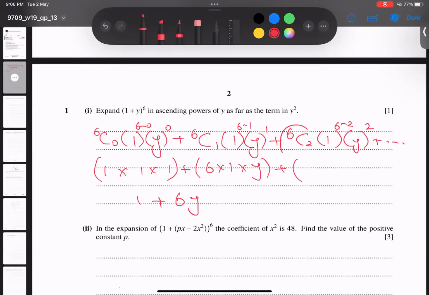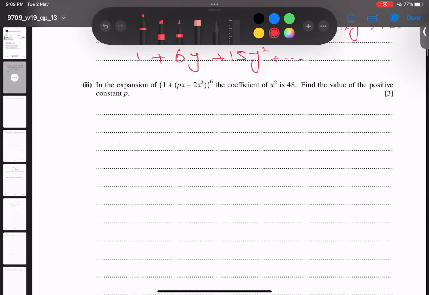What about this? 6C2 is 15, and 15 and y squared. I hope it's clear. This is 1 into y squared, so I get 15y to power 2. I hope the first part is clear.